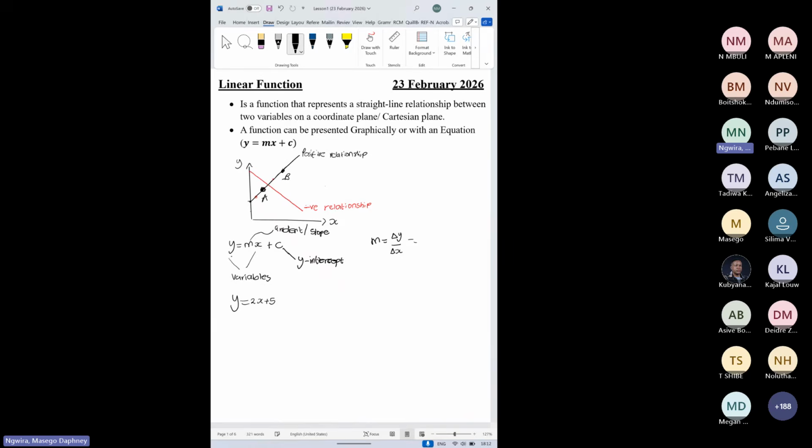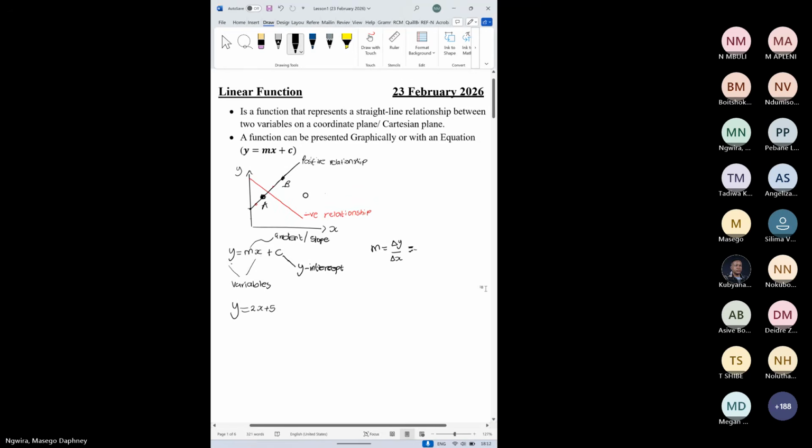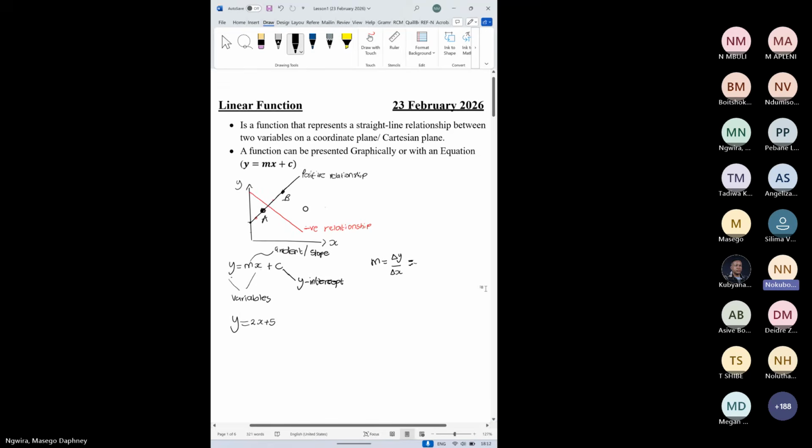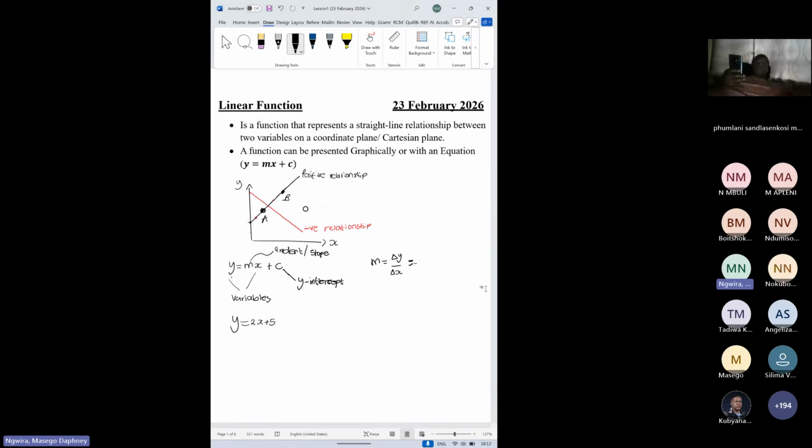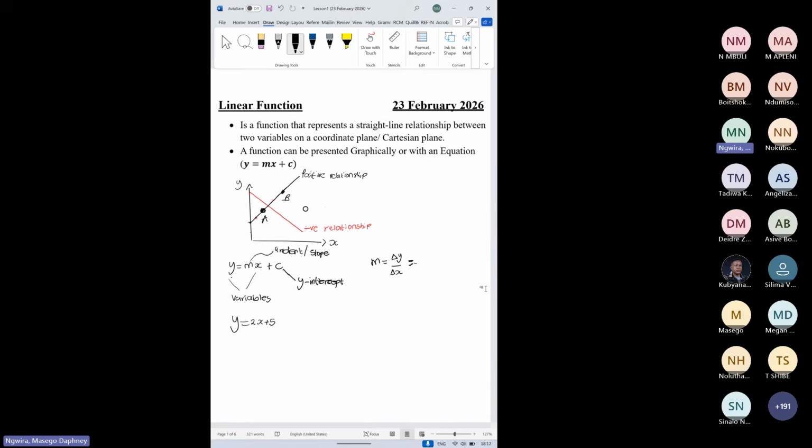Sorry, can I ask a question? Which chapter are you doing? I'm doing the first lesson. Yes, but which chapter are we busy with? Here I'm introducing the linear function. We're going to do the application, which is chapter 2. So I'm just introducing linear function.